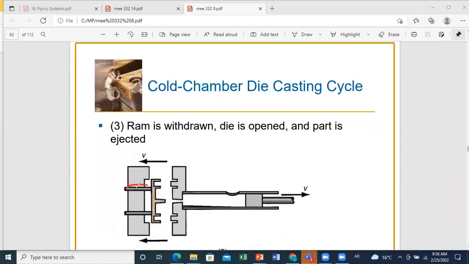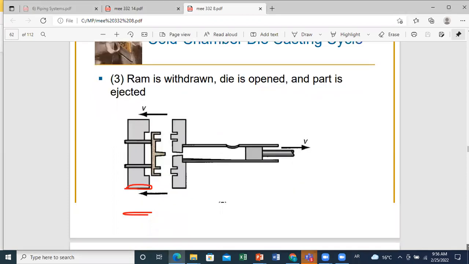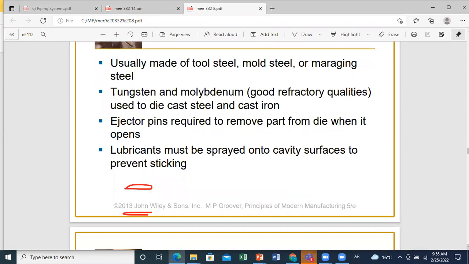They are used to remove our final product, and then they will be trimmed at the end. Now, lubricants must be sprayed onto the cavity surface to prevent any sticking effect.